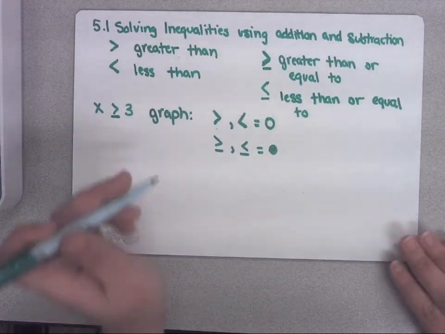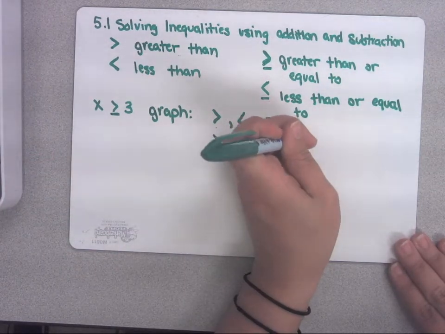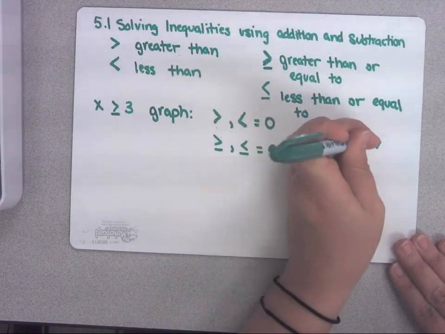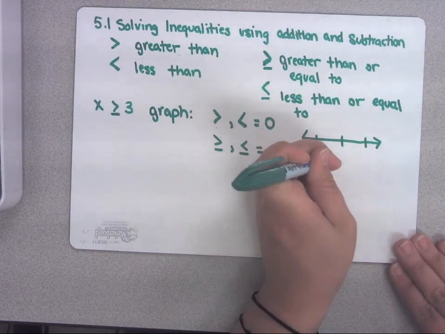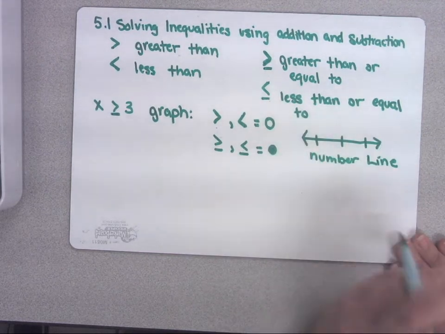Okay? We're also going to graph on a number line. So a number line looks like this. This is a number line, if you don't remember.